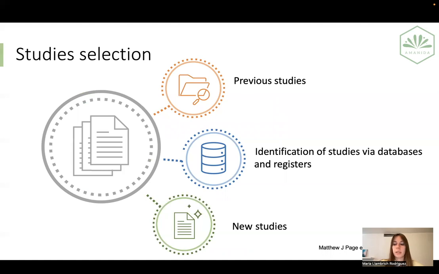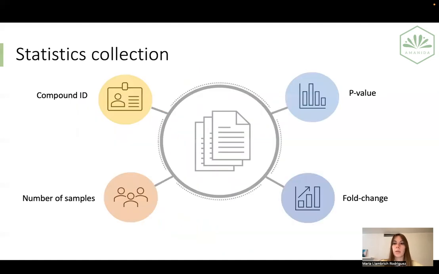For example, a certain number of samples in each study or a certain technique used. Once we have the studies selected, we gather the data that we need for the meta-analysis. In this case, we will obtain the compound ID disclosed in the studies, the number of samples used, and then the two metrics for the meta-analysis, the p-value and the fold change.